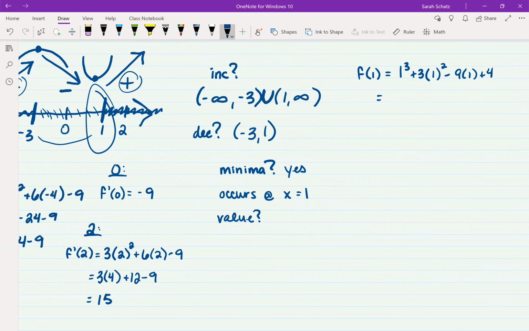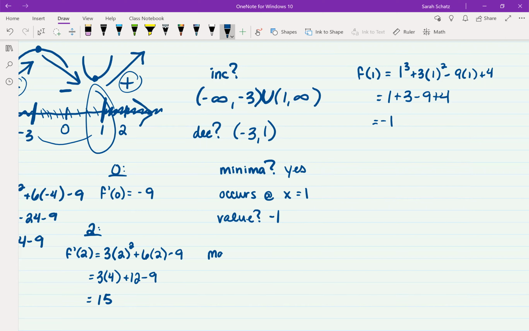Sometimes, and I know it can be hard to remember, well, do I put this into the derivative or do I put it into the original? If it's a test, you're putting it into the derivative. If you're just looking for a min or max value, we just put it into the original function. So here we're going to get 1 plus 3 minus 9 plus 4. That's going to be -1. So what is the minimum value? It's -1.